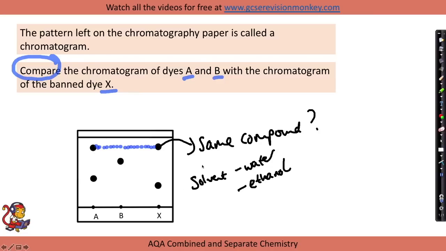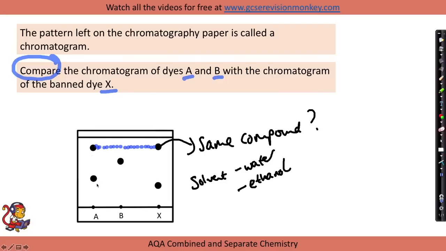We can't just be sure if we just use one solvent. We must repeat it with different solvents to be absolutely sure. In different solvents, different compounds will spend different amounts of time in the mobile and stationary phases, and what we'll talk about later is the fact that they can have different RF values.